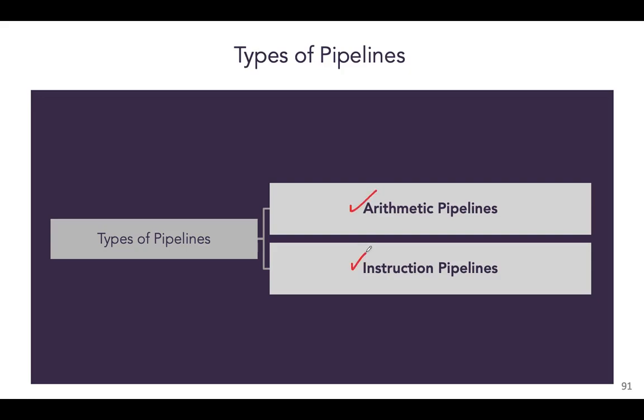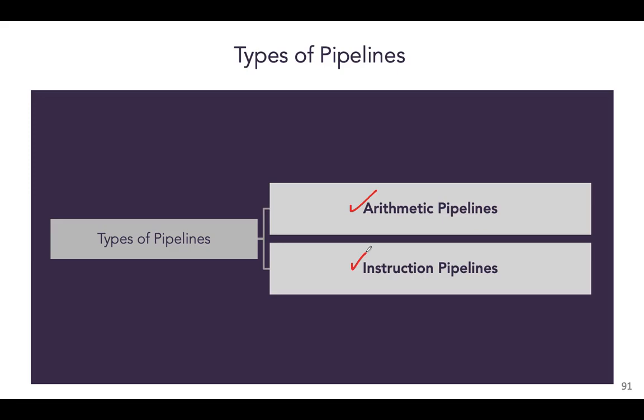Now, if you remember our previous discussion of pipelining, we have established so far that pipelines are used in operations where a larger task can be divided into subtasks, and then there's a possibility of executing those subtasks simultaneously, especially if they have to be repeated over and over again. And those kinds of opportunities are available in two distinct scenarios.